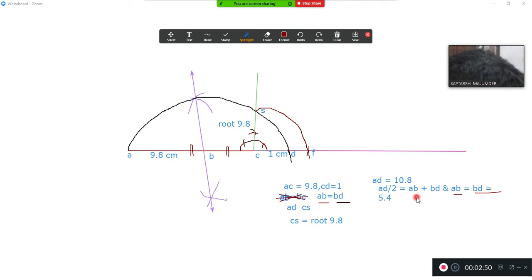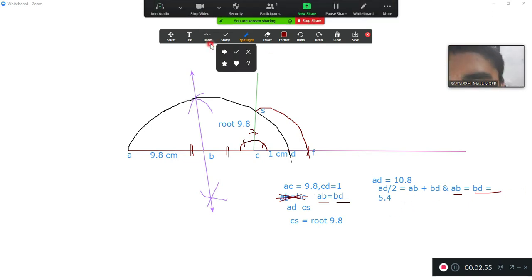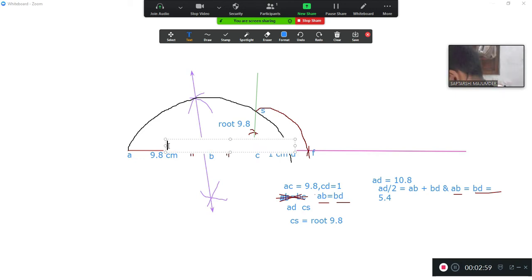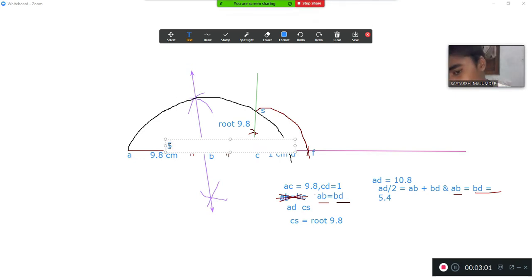So the value of AB equals BD, and that is 5.4. That means this part is 5.4 and this part is also 5.4.